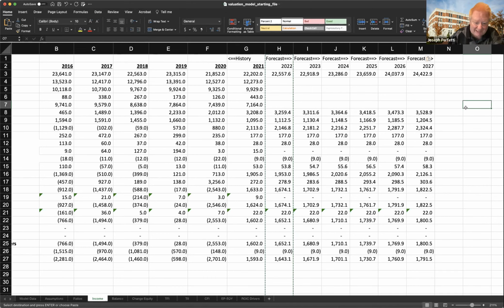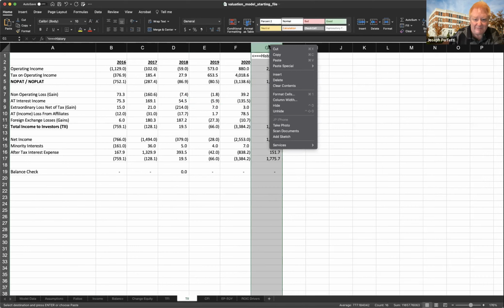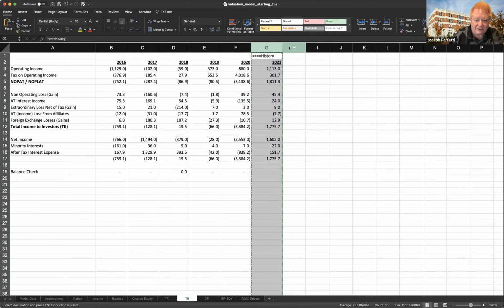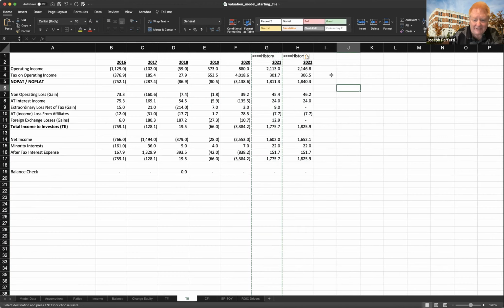And then I will go to my TII. These are the TIIs that are mapped to that income statement. Take column G, copy it, go to column H, paste it. I now have a forecasted TII, which is balanced for 2022.